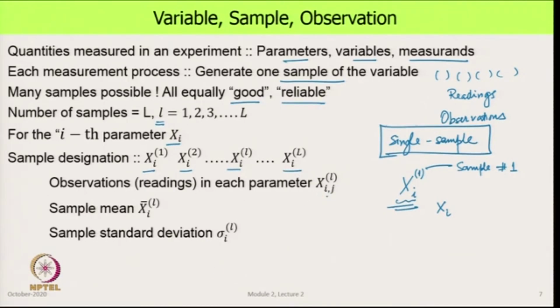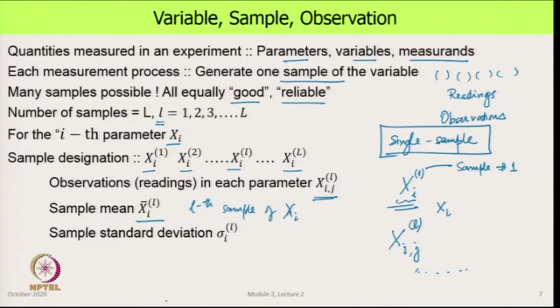Observations in each parameter are x I j for sample L. So, x I is the parameter we are measuring, j equal to 1, 2, 3, 4, 5, 6 whatever is every individual reading x I j, which we looked at in the earlier slide, and when all of this is referred to a particular sample, we put the superscript L. The mean of this particular sample, the arithmetic mean, is x I bar with the superscript L, which tells you that this is the Lth sample of the variable x I.